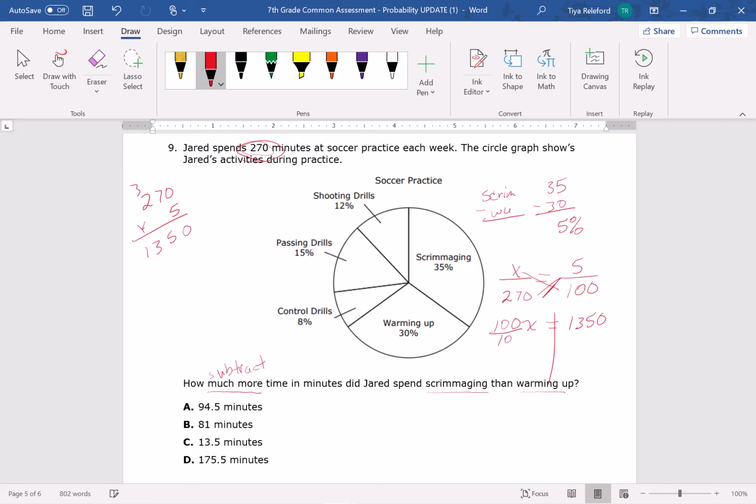We're going to divide by 100. I'm going to cancel out my zeros.